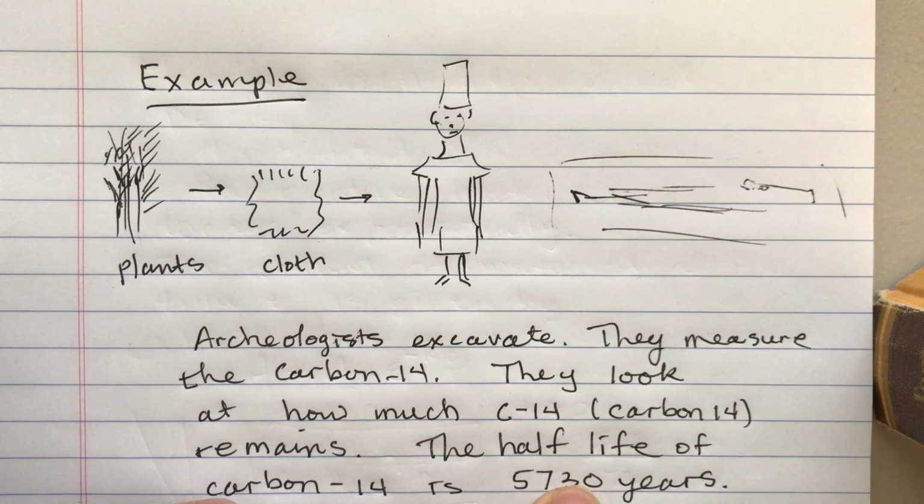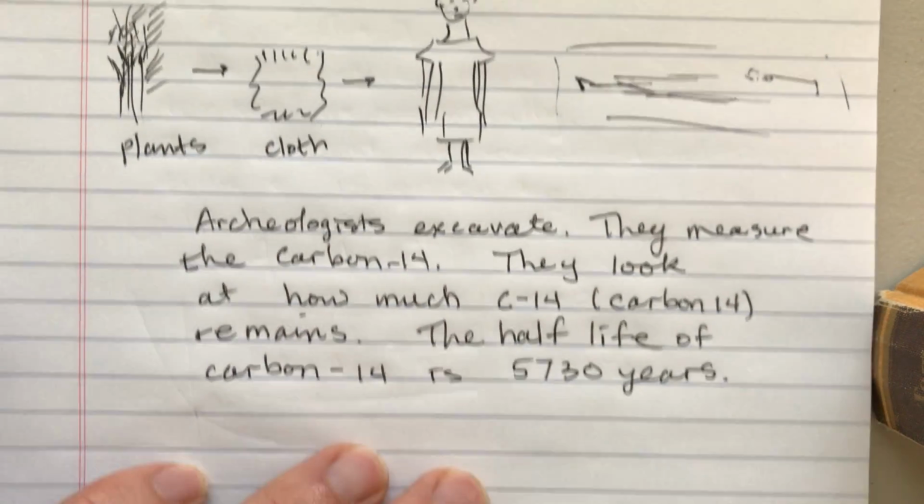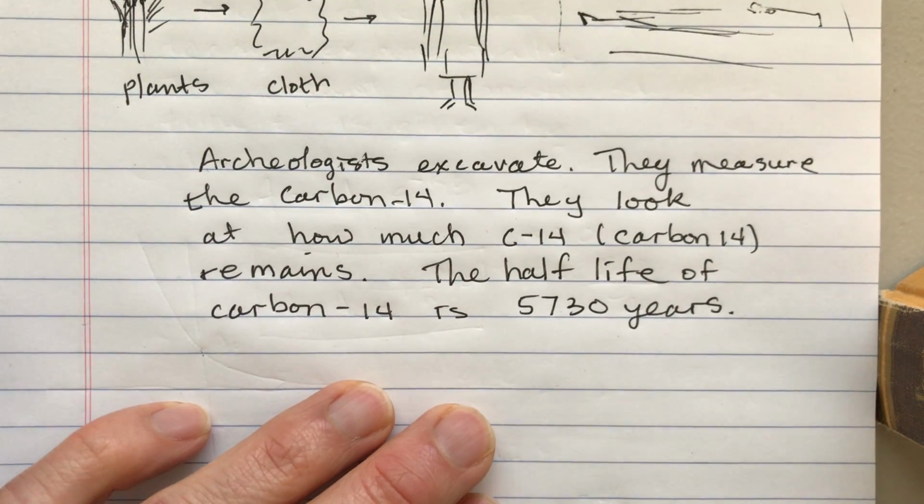And so what they do is they excavate and they look at the cloth. They might take a small sample and they measure how much carbon-14 is there, and they have an understanding of how much carbon-14 was there 5,000-6,000 years ago, and so then they can make their estimate that way.